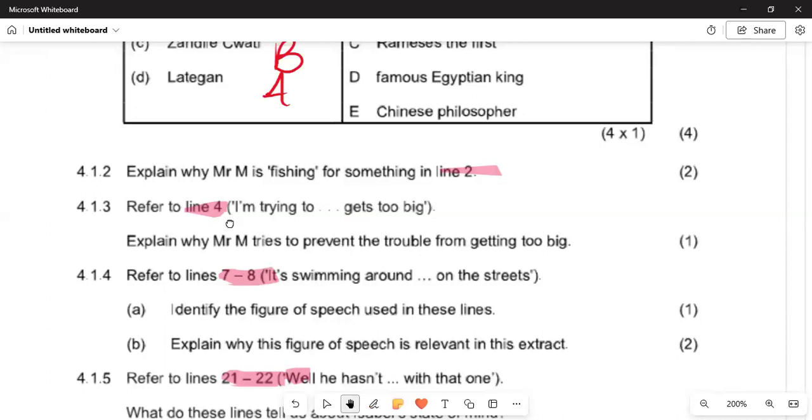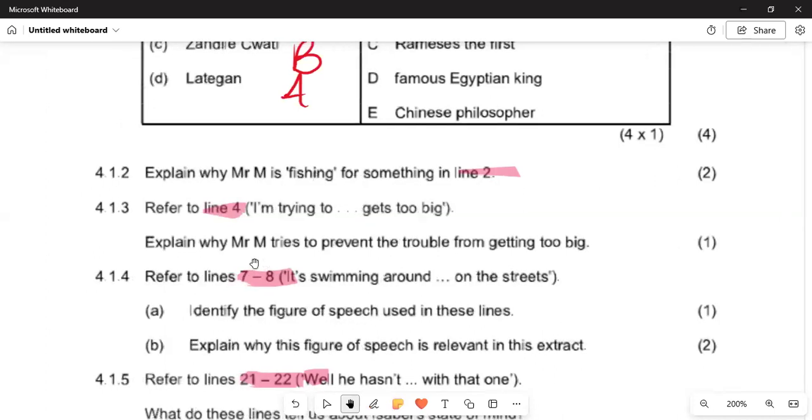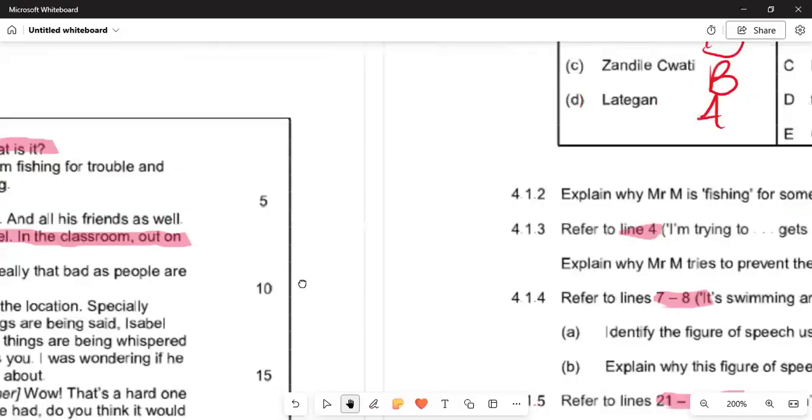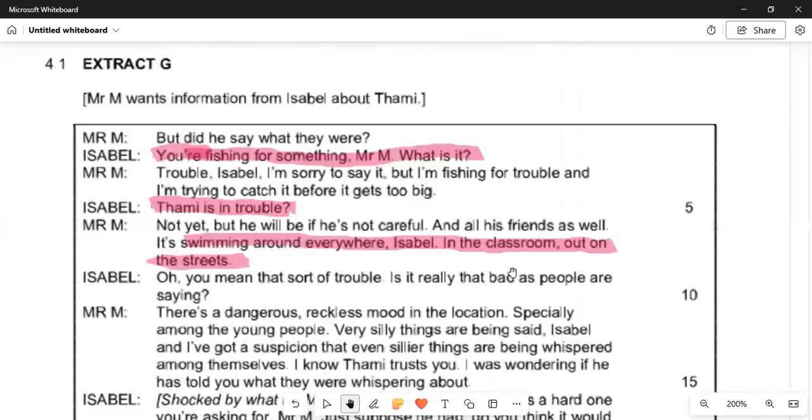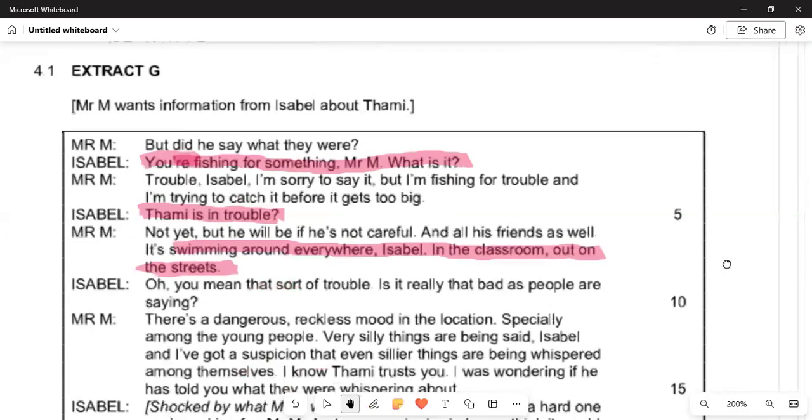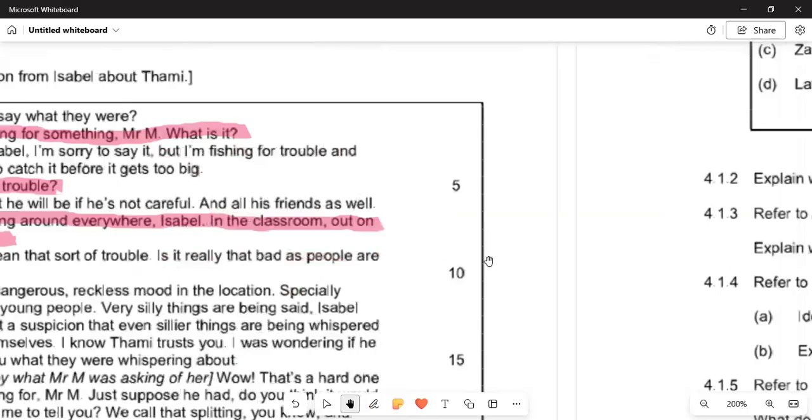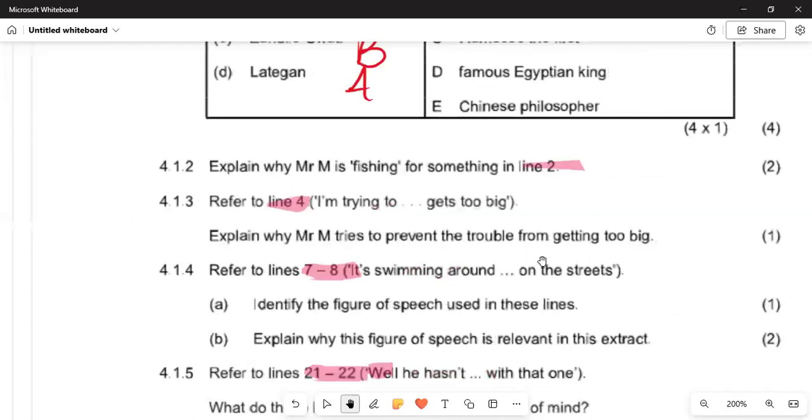That is Mr. M saying that he wants to catch the trouble before it expands. The question says, explain why Mr. M tries to prevent the trouble from getting big. He admires time, so he wants to prevent the trouble from becoming big.